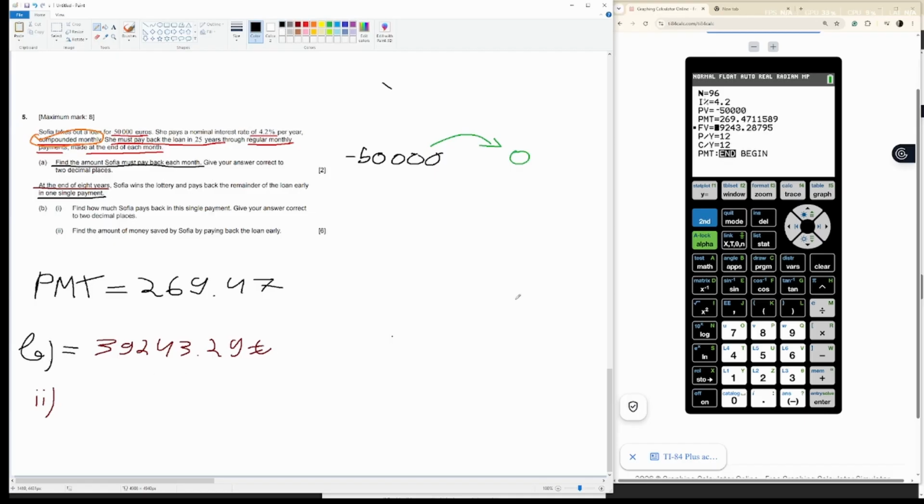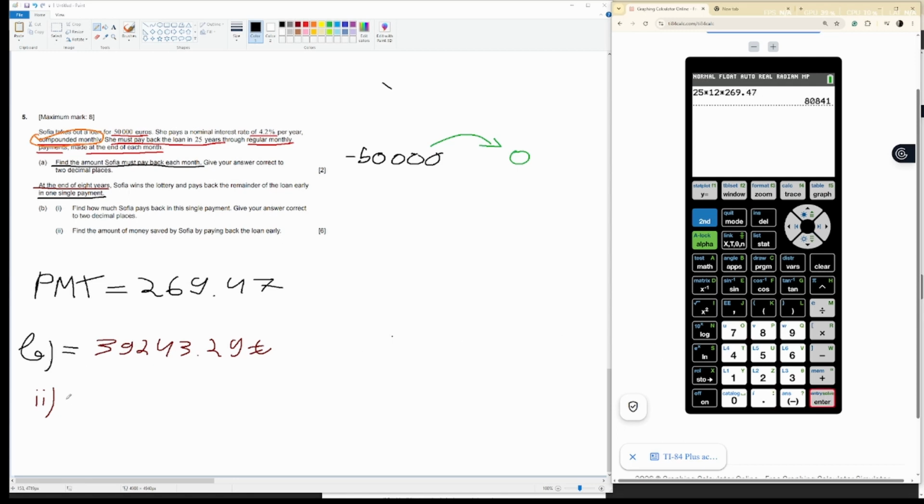And then we go to part C, which asks how much money she saved. So we can calculate: the total number of payments needed was 25 years of monthly payments, times 269.47.